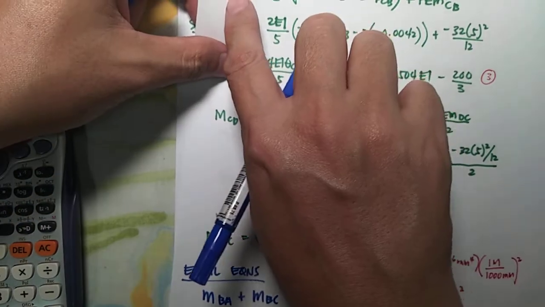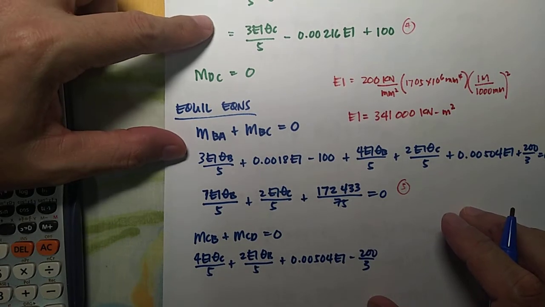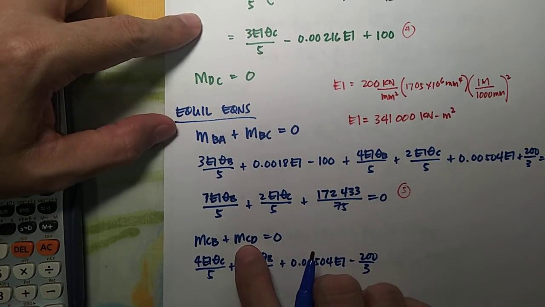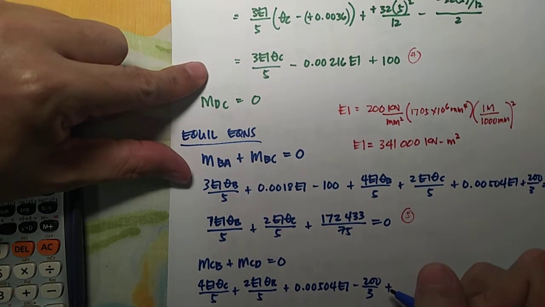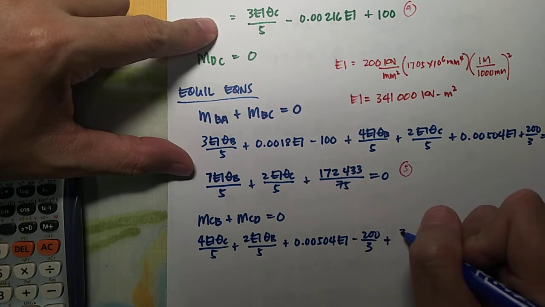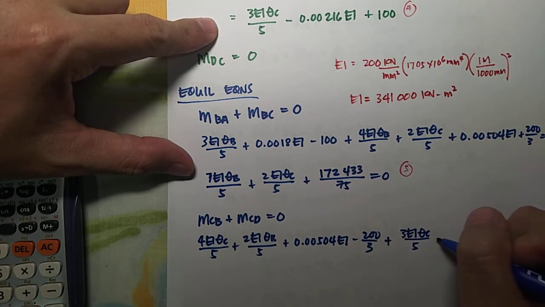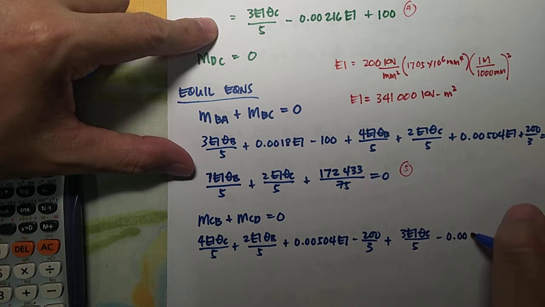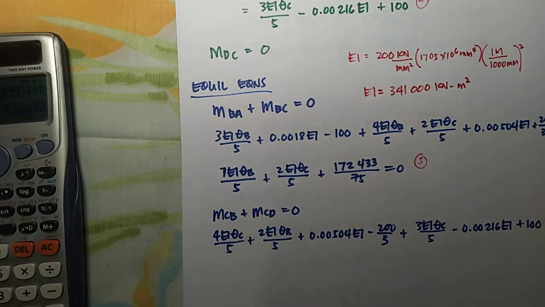Yan yung MCB plus MBC. MCD is this one plus 3EI theta C over 5 minus 0.00216 EI plus 100. So everything should be equal to 0.